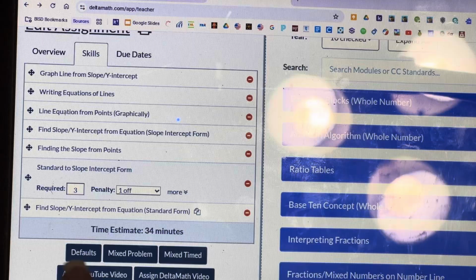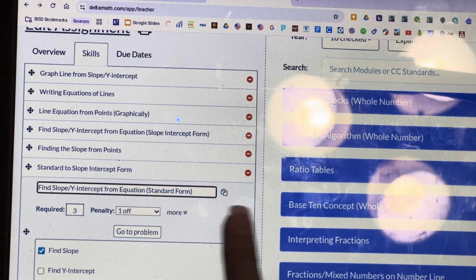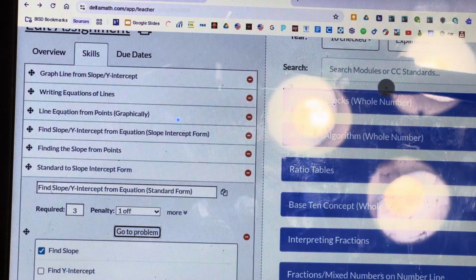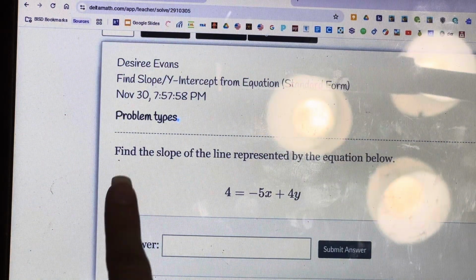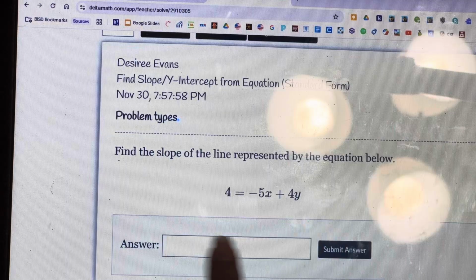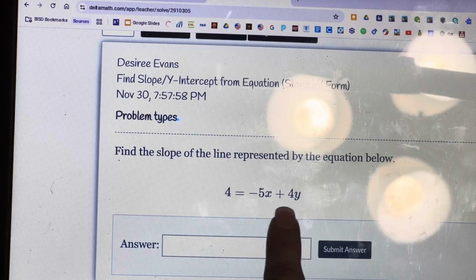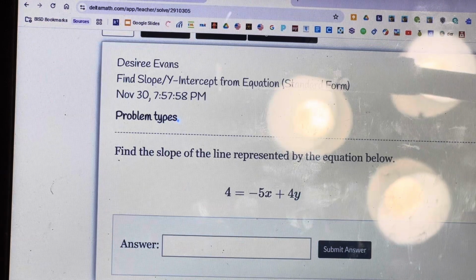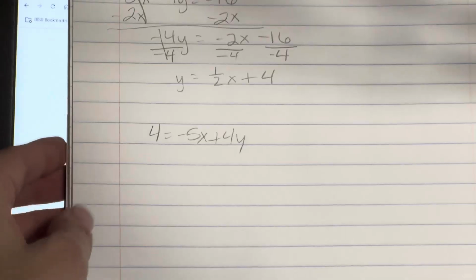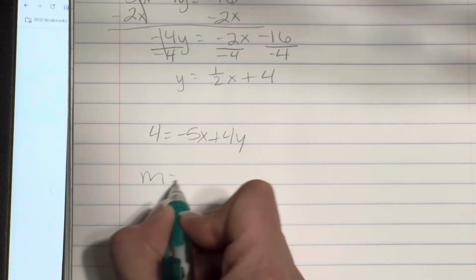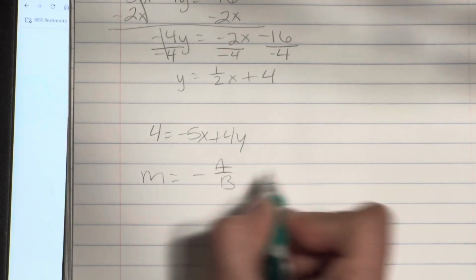Okay, last example. Find the slope. This is in standard form, just written backwards, right? So this is still ax plus by equals c. So in that case, if you remember, we said slope is negative a over b.